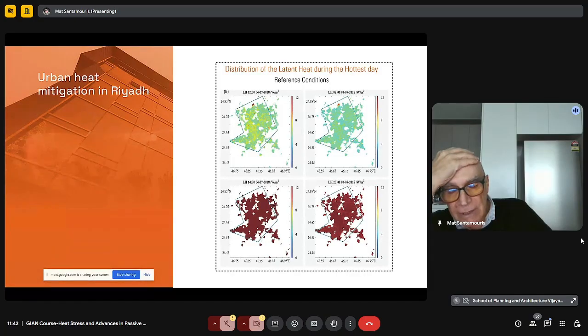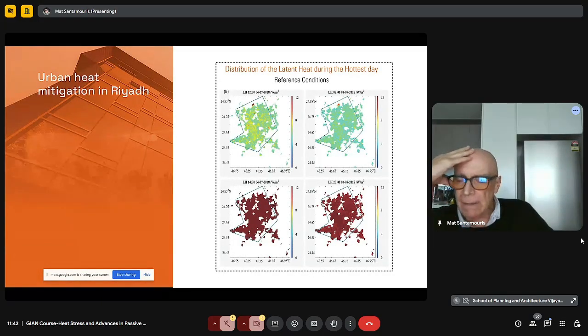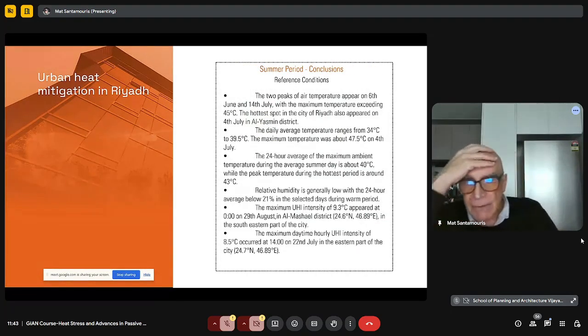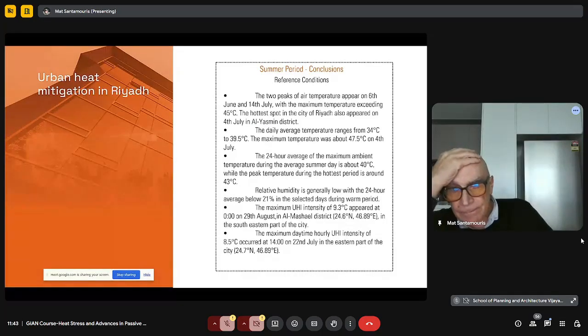So now it starts to become clear what kind of mitigation strategies we have to use. We have to decrease the heat gains, we have to decrease the sensible heat, we have to increase the losses, we have to increase the evaporative and latent heat losses. How can this be done? How can we decrease the sensible heat?